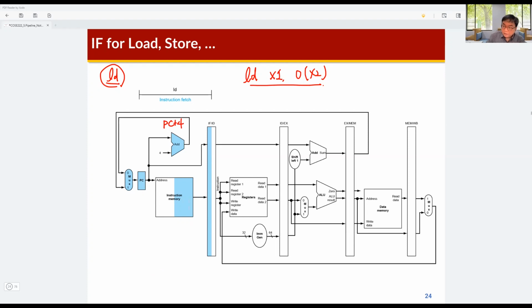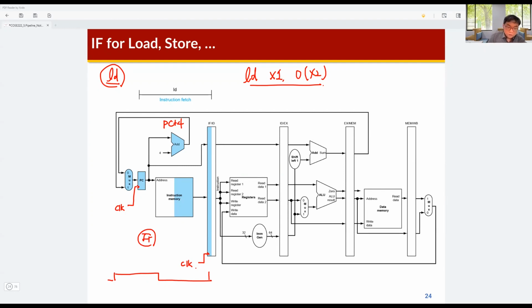In this pipeline processor design, you need to know that the PC is sampled by the clock signal, and also the instruction fetch / instruction decoding pipeline register is sampled by the clock signal. So this is the clock signal.